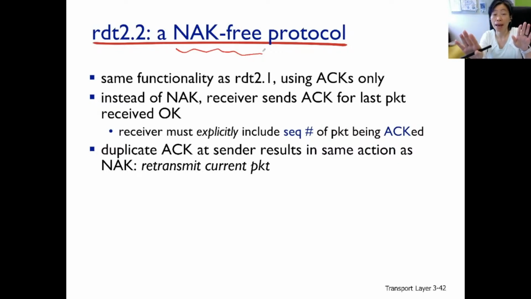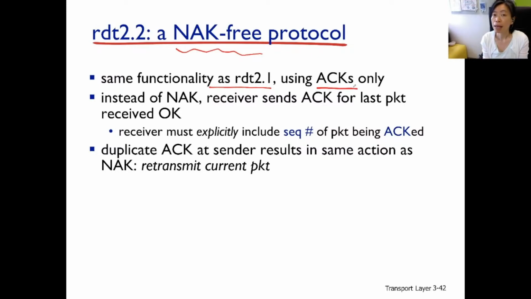One says I am acknowledgement, the other says I'm negative acknowledgement. So RDT 2.2 here is essentially to say, let's not have 2 different packet formats, just have 1 acknowledgement packet, but add a bit in the acknowledgement packet, and we change the value in the bit to indicate whether it's really a positive acknowledgement or a negative acknowledgement.